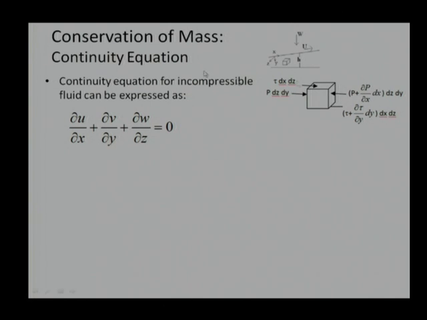With that kind of assumption, we can simplify the continuity equation in this form: velocity gradient in the x direction, y direction and z direction, and this is given in a figure over here. There is an element over here, and we are considering a 3-dimensional model, z direction, x direction as well as y direction. This will be equal to 0.